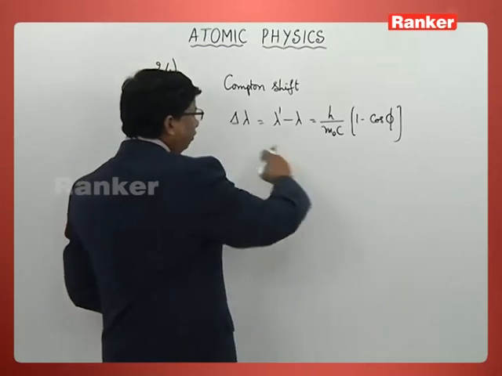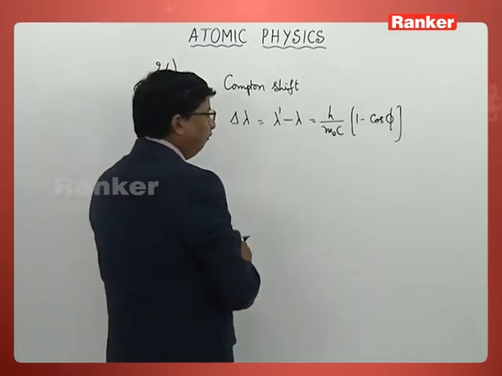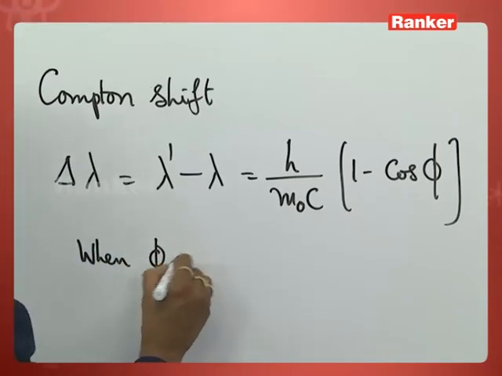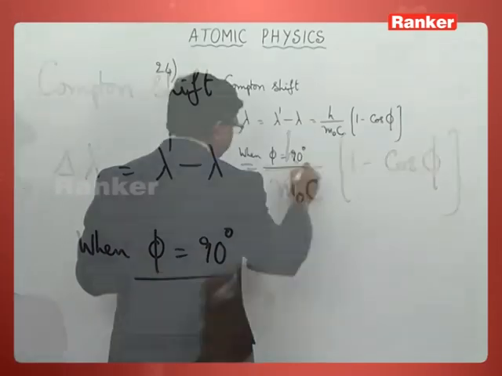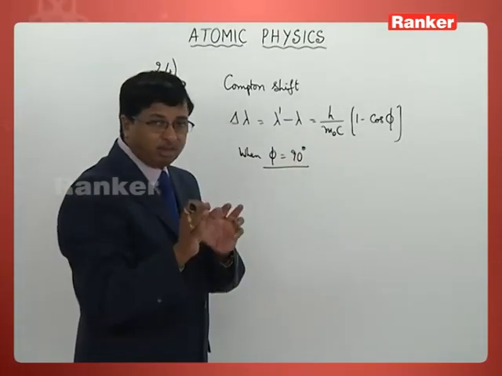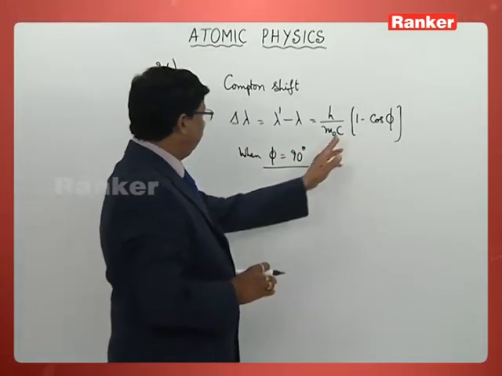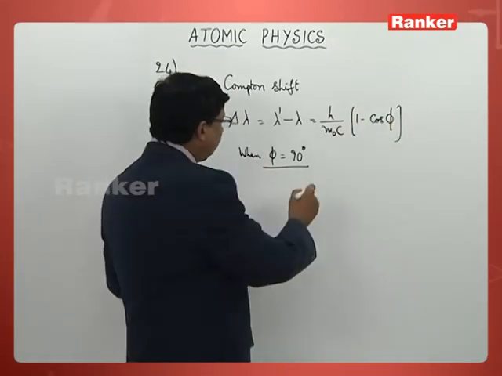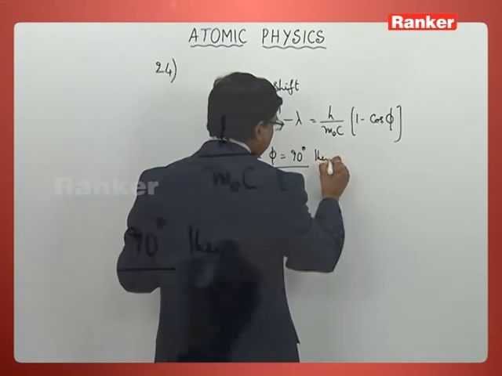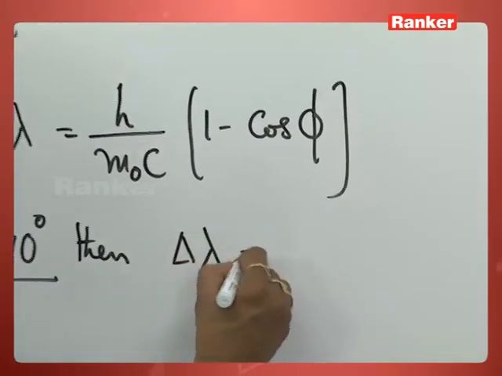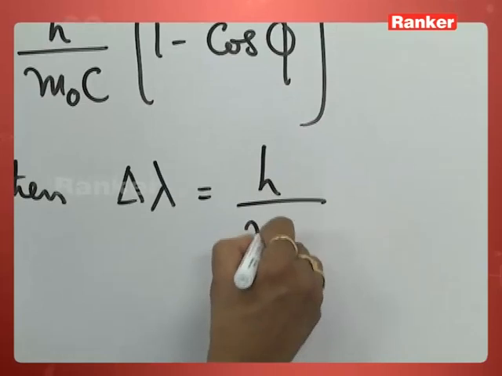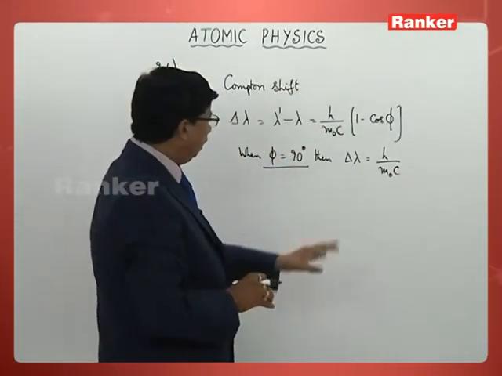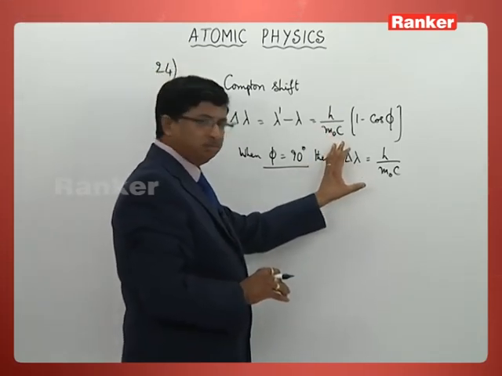But if you look at this equation carefully, when phi becomes 90 degrees, that's what has been given in the problem, cos phi becomes 0. What happens then? Delta lambda becomes h by m naught c. All of you must have got this idea.